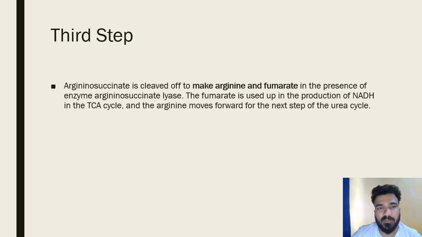In the third step, argininosuccinate is cleaved to make arginine and fumarate in the presence of the enzyme argininosuccinate lyase. The fumarate is used in the production of NADH in the TCA cycle, and the arginine moves forward to the next step of the urea cycle.